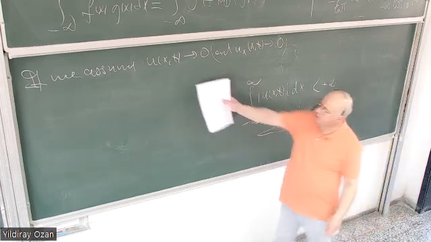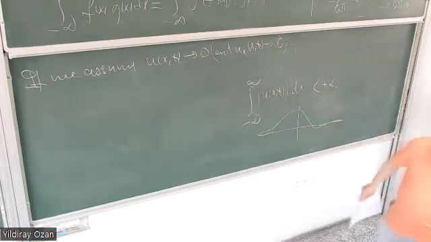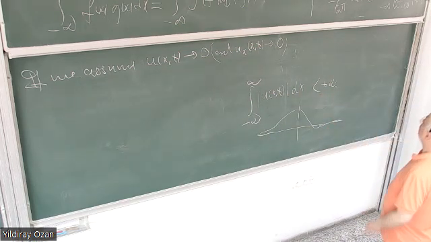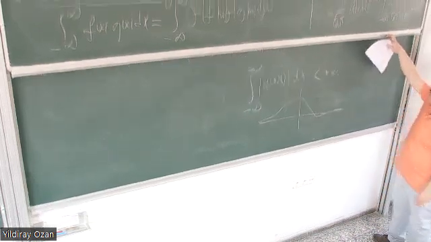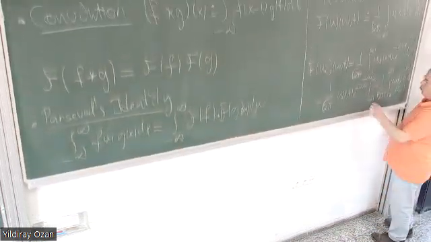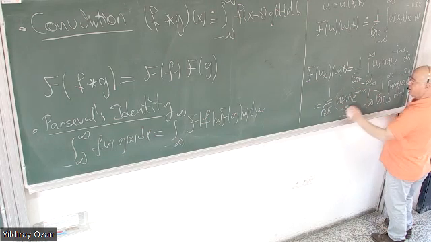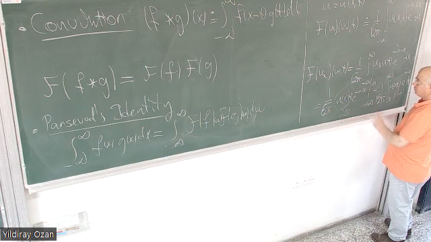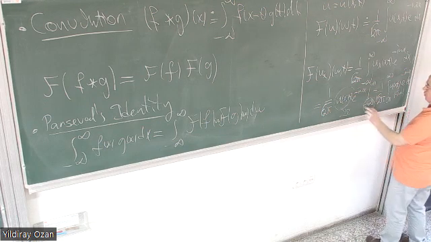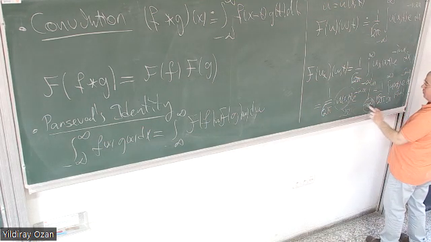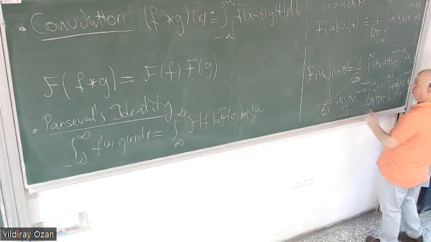Therefore, this condition is not too strong in our case. And in that case, what happens? When you let x go to infinity, this goes to zero, and as x goes to minus infinity, it also goes to zero.